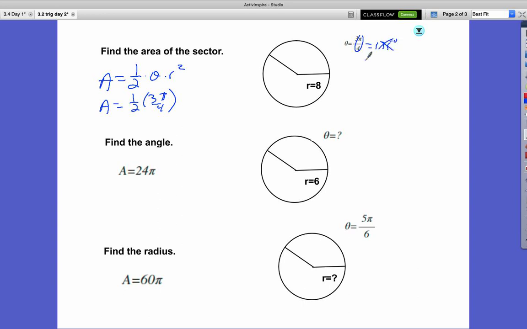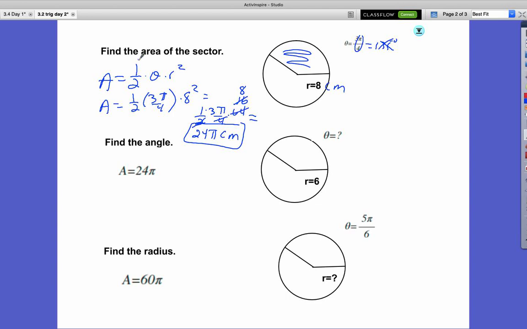You're not going to use that in the formula, but it's 135 degrees times r squared. So it'd be 1/2 of 3 pi over 4 times 64. Divide this into 64, that's 16. Divide this into 16, and that's 8. You have 1 times 3 times pi times 8, so that's 24 pi. That is the area of this sector. Let's say we're talking about centimeters, so it's 24 pi centimeters.